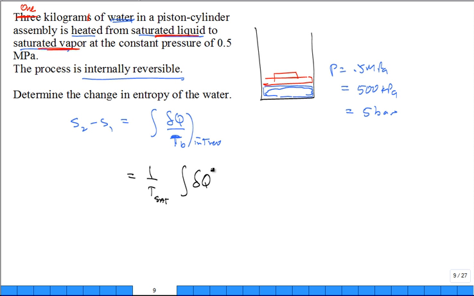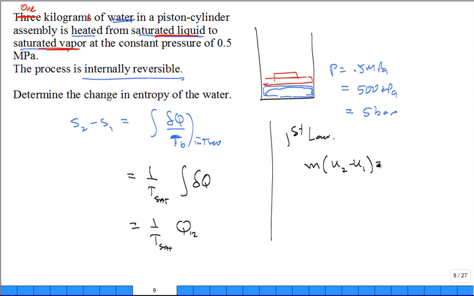Okay? And so what is the integral of del Q equal to? Is it equal to Q1 to 2? How much heat is transferred to make it go from saturated liquid to saturated vapor? So we jump over here and we say first law for this process. It looks like it's going to be the mass times U2 minus U1 is equal to Q1 to 2 minus work 1 to 2.